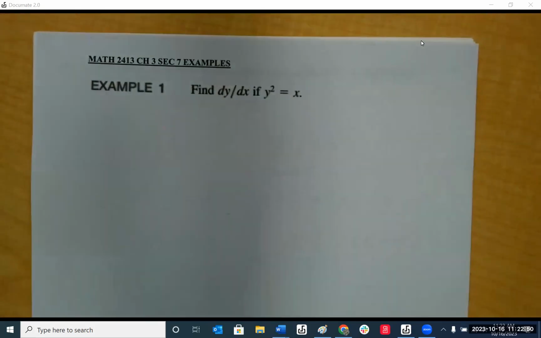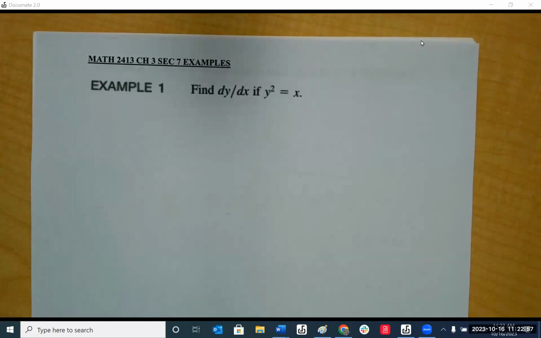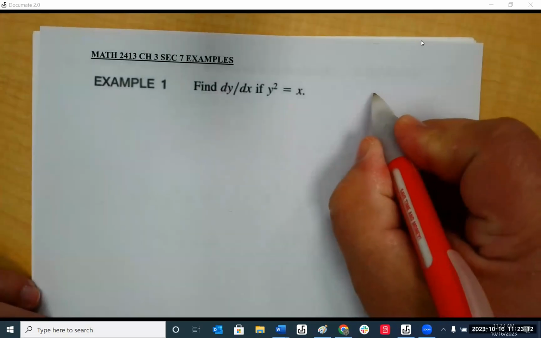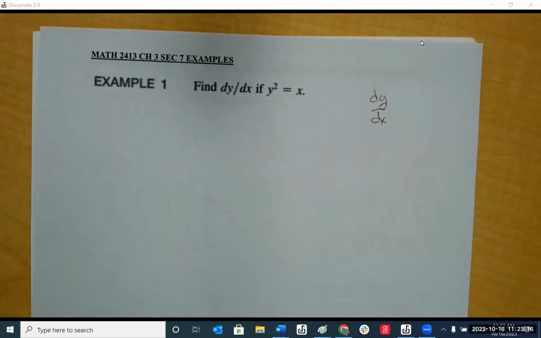If you can't get y by itself, you have to take the derivative of both variables, both x and y. There are certain cases where we need to use implicit differentiation, because what we're looking for is dy dx, the derivative.